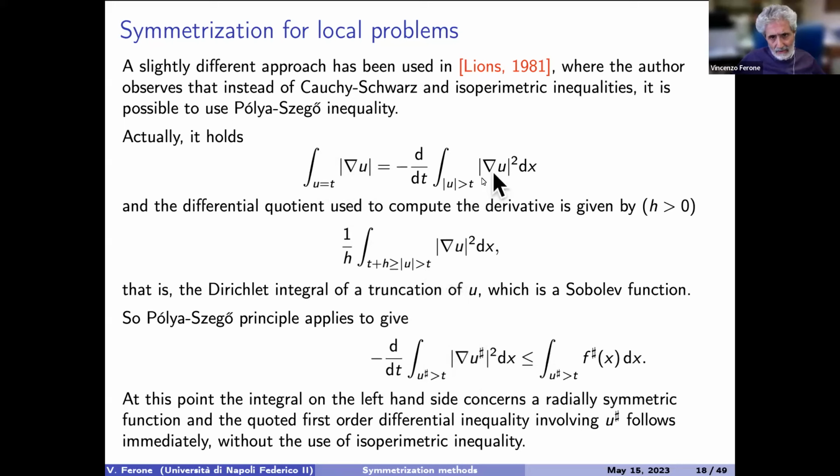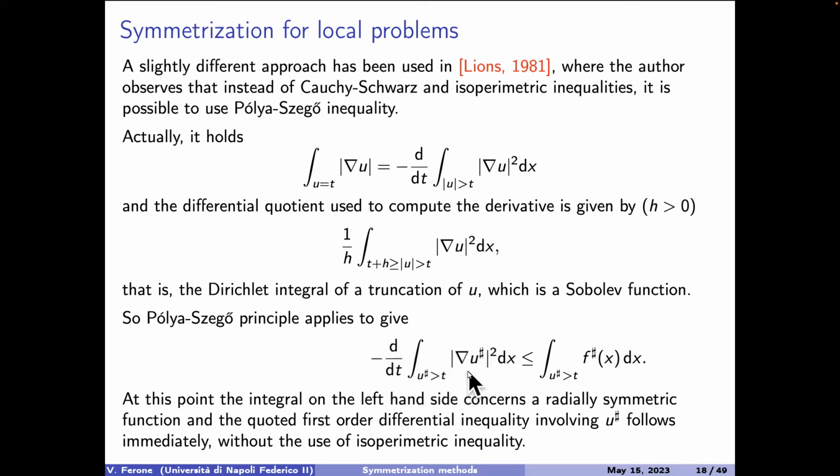So in some sense, the Pólya–Szegő inequality lets us arrive to a certain conclusion without the isoperimetric inequality. And now the Pólya–Szegő is just based on the isoperimetric inequality itself. Yeah, but it is not used in this passage.